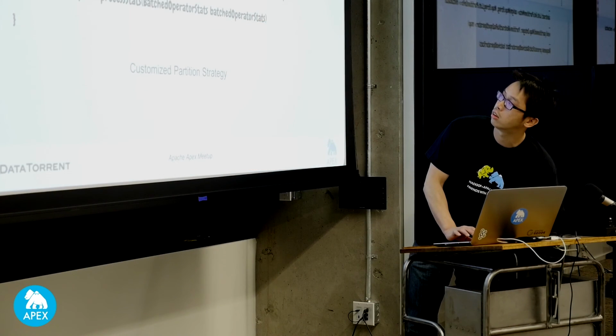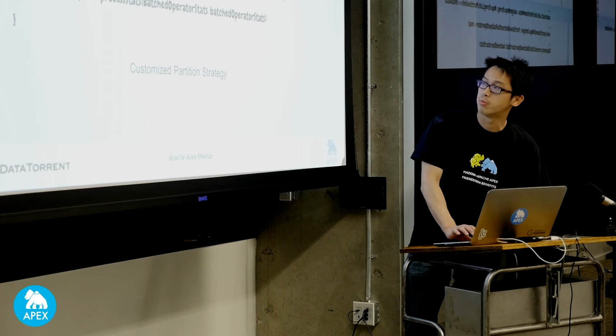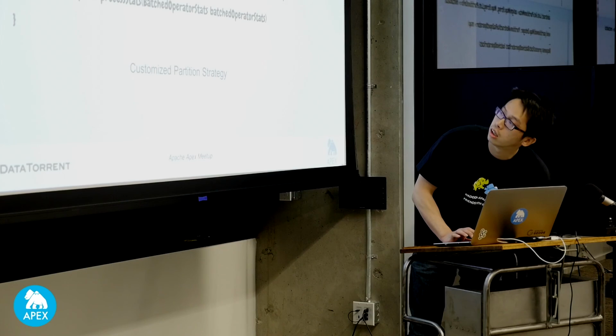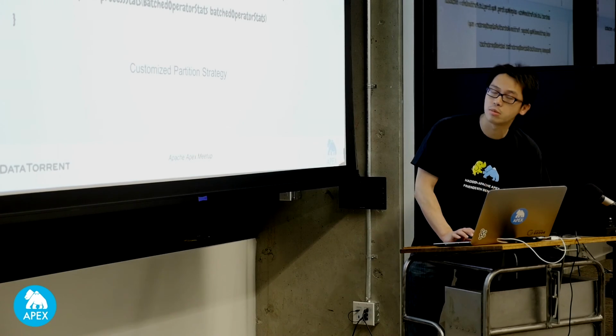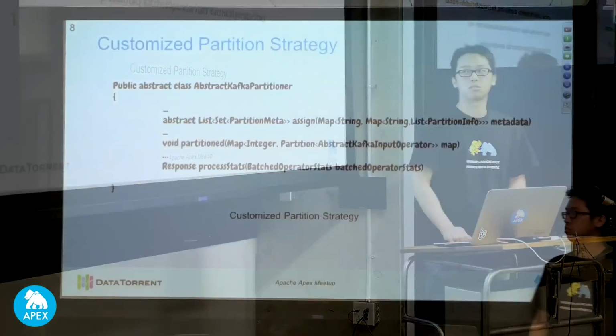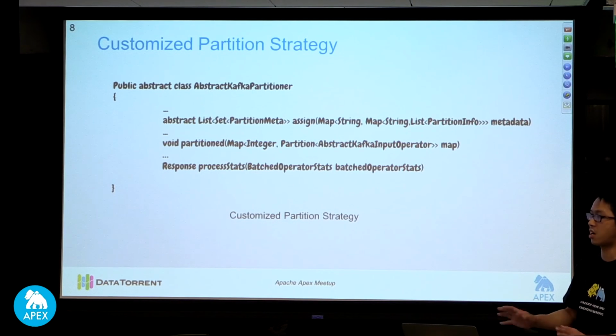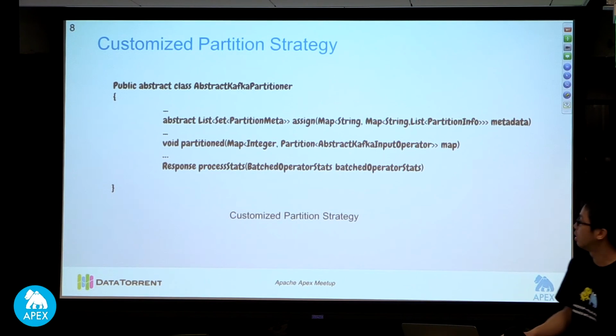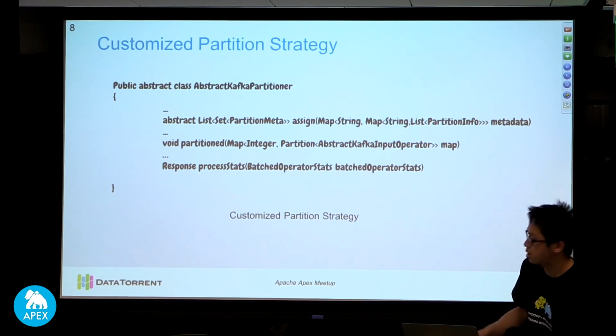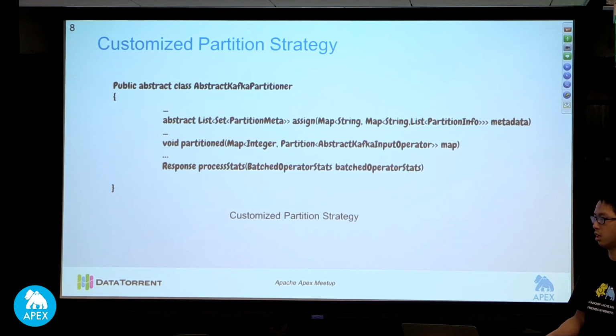You can also override some useful methods. For example, the partitioned method will be called when the partition action is done. And the process stats method is called when you have some stats reports from the input operator instances.